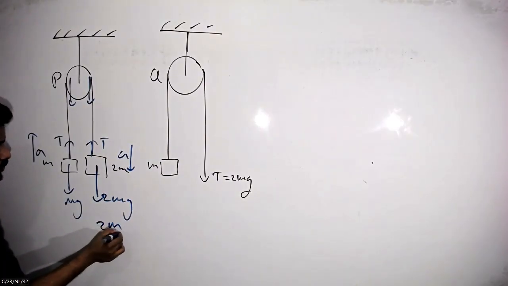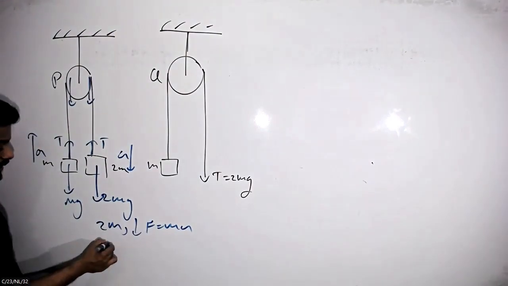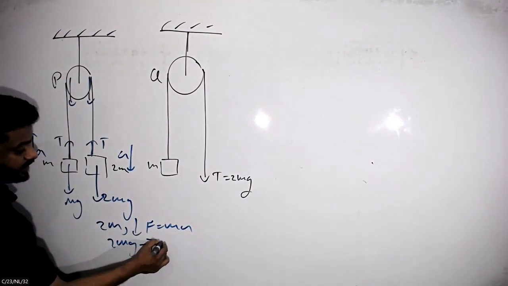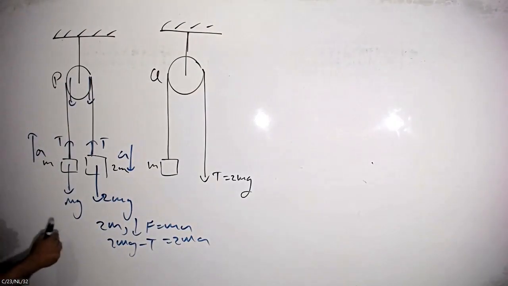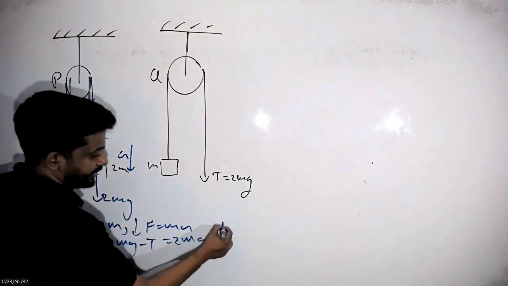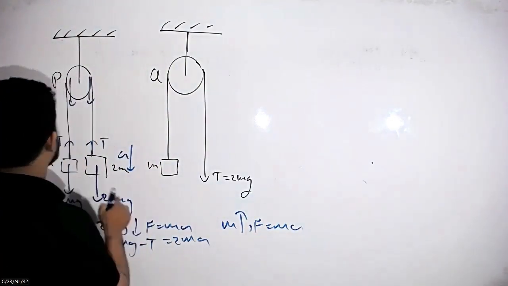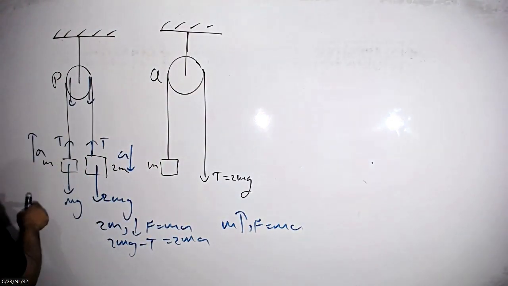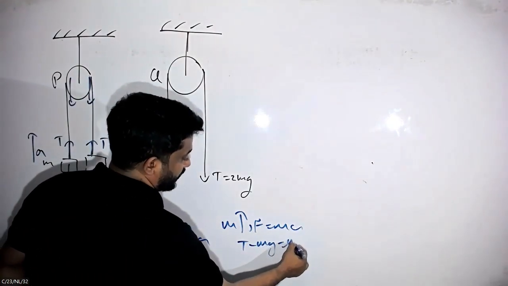For the motion of the 2m mass in the downward direction, F equals ma: 2mg minus T is equal to ma. For the motion of the m mass in the upward direction, F equals ma: T minus mg is equal to ma.